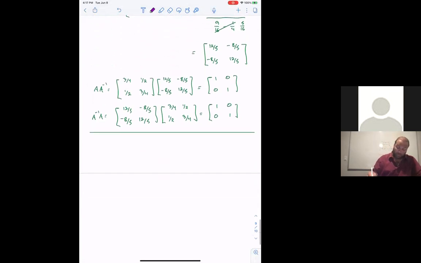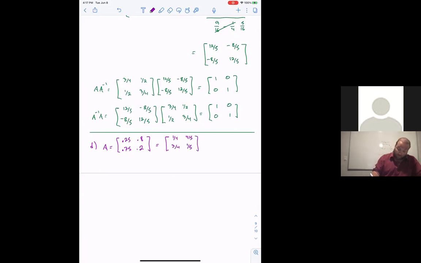Notice that I didn't just assume it was correct, but I actually went ahead and did the math. And then D, we have A is equal to 0.25, 0.8, 0.75, 0.2. I'm going to first rewrite this as 1/4, 4/5, 3/4, and 1/5.